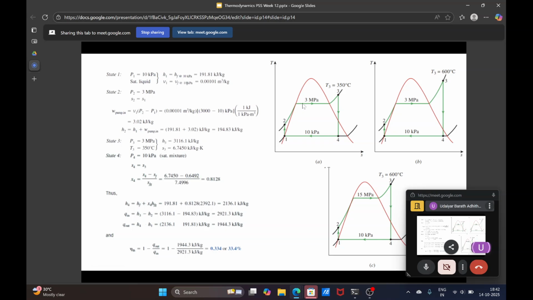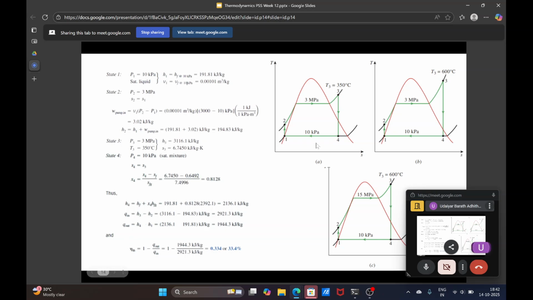So the heat added for the process, Q in, is H3 minus H2, which is 2921.3 kilojoule per kg. Similarly, the heat rejected for this process is H1 minus H4, or H4 minus H1 in absolute terms, which comes out to be 1944.3 kilojoule per kg.